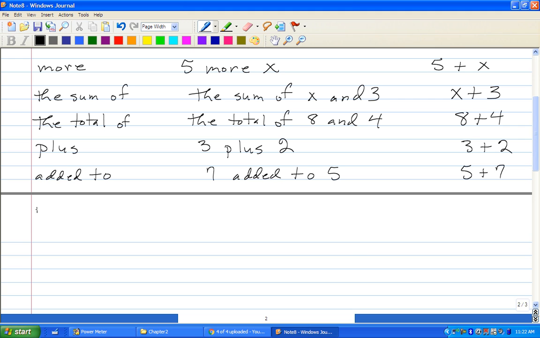Increased by: 5 increased by 2 is 5 plus 2.